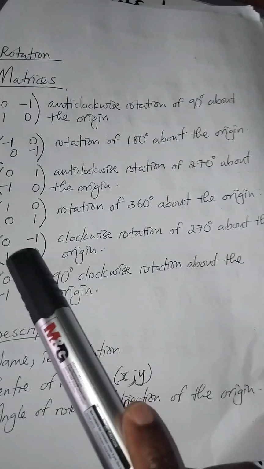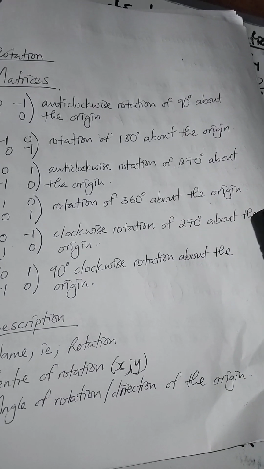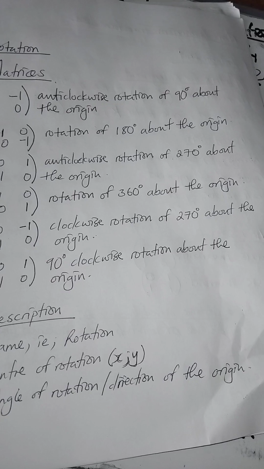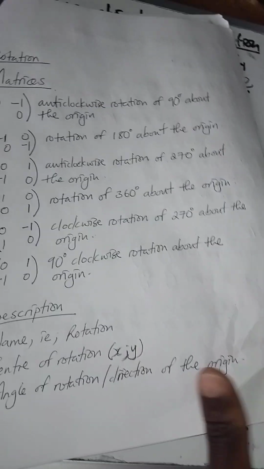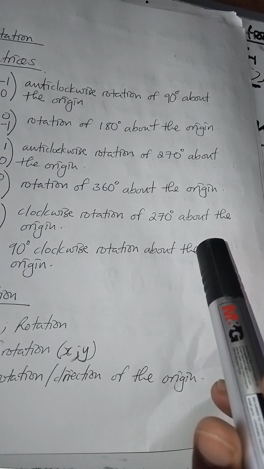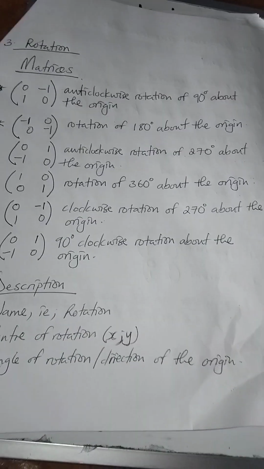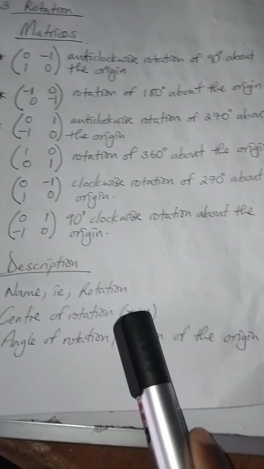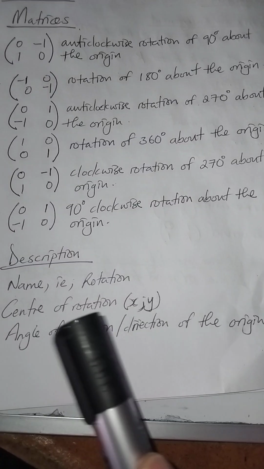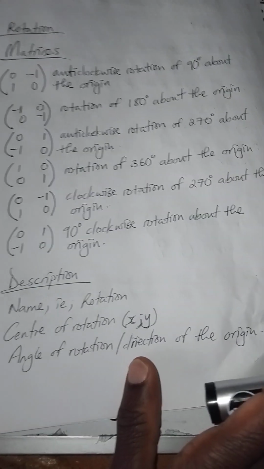Clockwise rotation of 270 degrees about the origin. Then 90 degrees clockwise rotation about the origin. So description, how to describe rotation. Number 1, name rotation. Number 2, center of rotation. Number 3, angle of rotation.